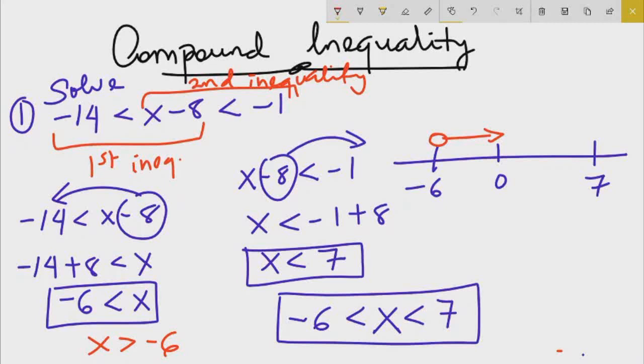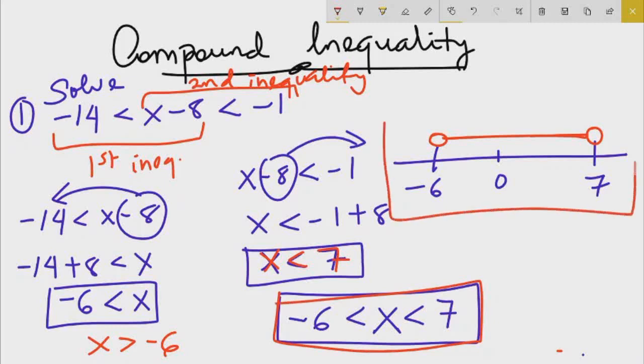Then to plot the second one, x less than 7, we want to be on 7, which is also an open circle, going to the left. As you can see, they join together. So I'm just going to remove the arrows and join the lines together. And that's it. This is our solution, shown on the number line.